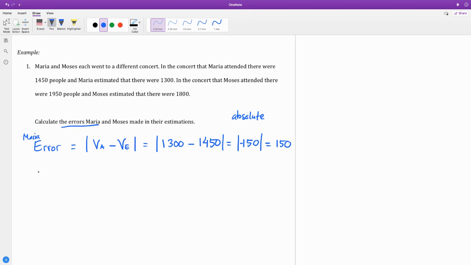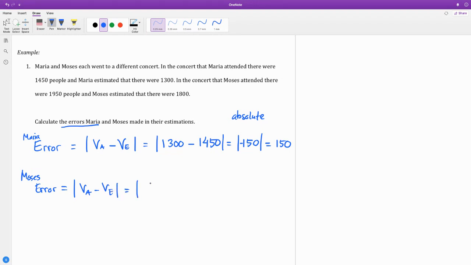Now to Moses. In the concert that Moses attended, there were 1,950 people. But Moses estimated that there were 1,800. So for Moses, the error equals the absolute value of VA minus VE.